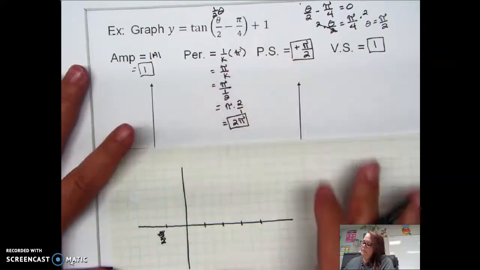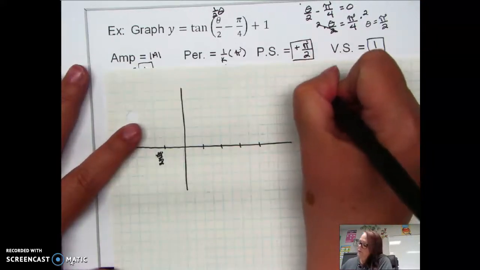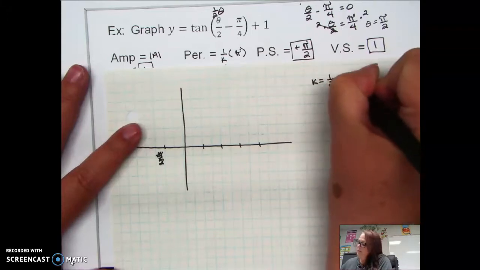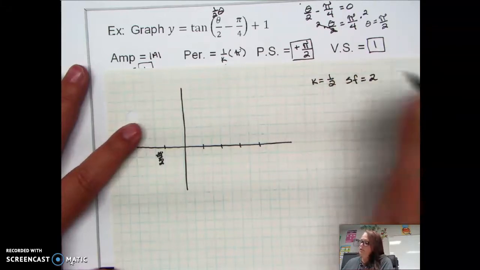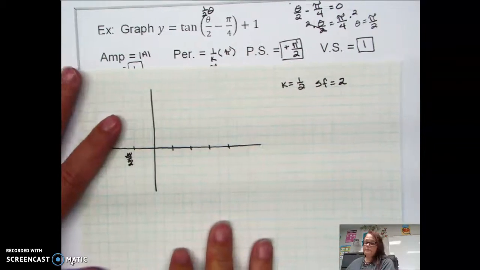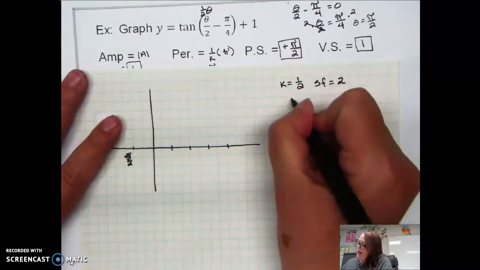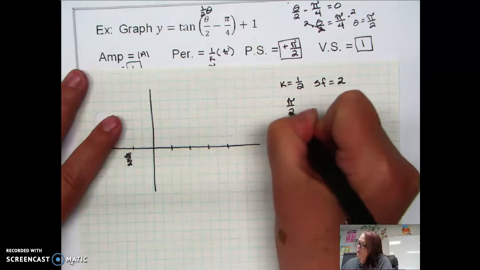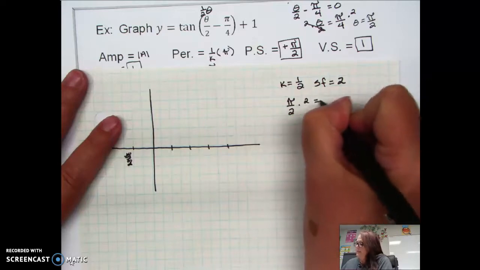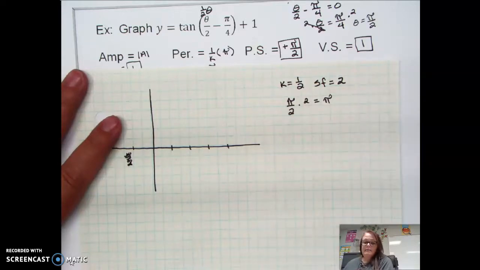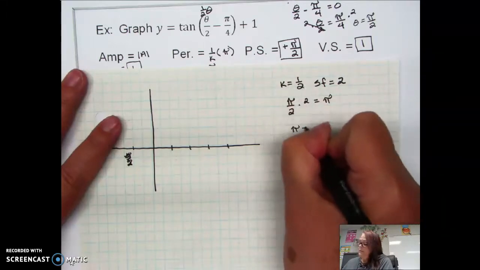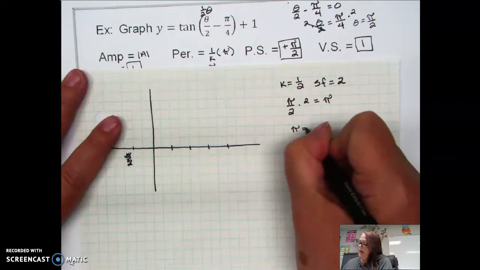And you'll notice my k value was 1/2, so that means my horizontal scale factor is 2. So what I wrote at pi over 2, I'm going to double that, and it's going to be the same thing, but now at pi instead of pi over 2. It's going to take twice as many steps to get there. What was at pi is now going to be at 2 pi.